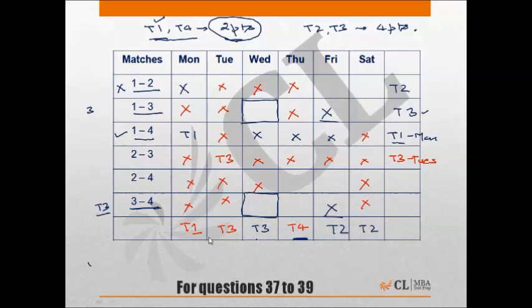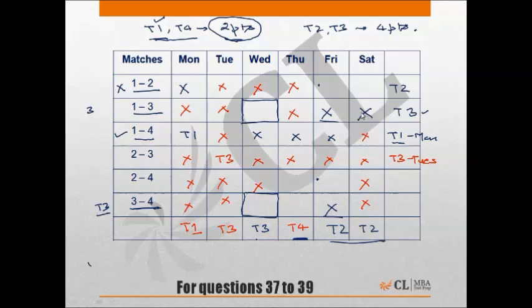Now since T2 can win a match either on Friday or on Saturday, let's look at the possibilities. T2 could have won a match here against 4. T2 could have won a match here. Okay. Similarly, when we look at Saturday, T2 has to win, but Saturday T2 cannot be winning here because this match on Saturday is again between 1-3.